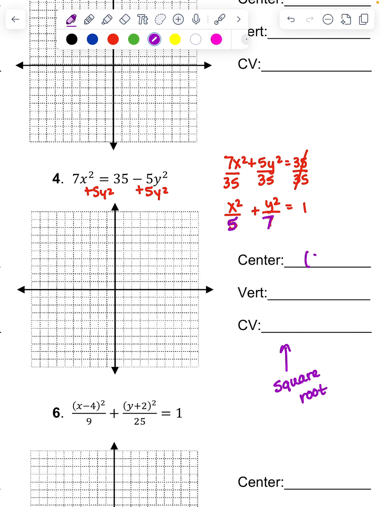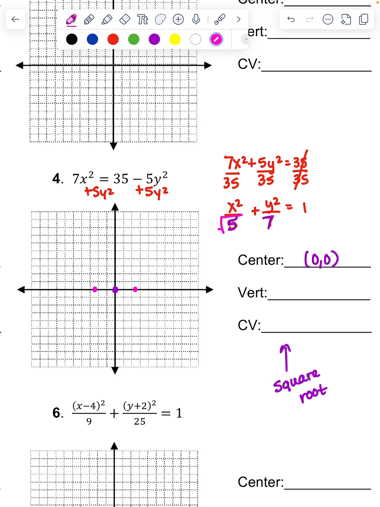So our center is 0, 0. Now we have to find the square root of 5. If you put that in your calculator, you get like 2.2-ish. So let's go 2.2-ish to the right. Oh, that's not 1.2, that's 2.2. And about 2.2-ish to the left.